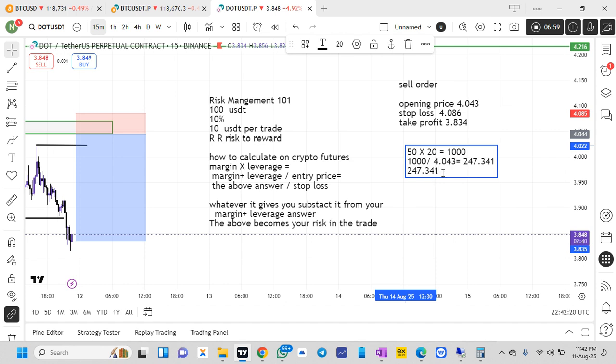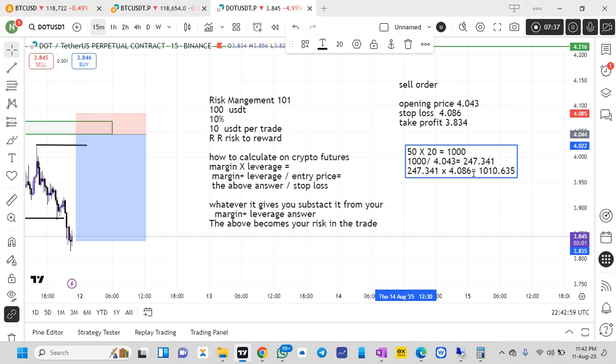Now this 247.341, we want to multiply it by our stop loss, which in this case is 4.086. If we multiply it, our answer will be 1,010.635.